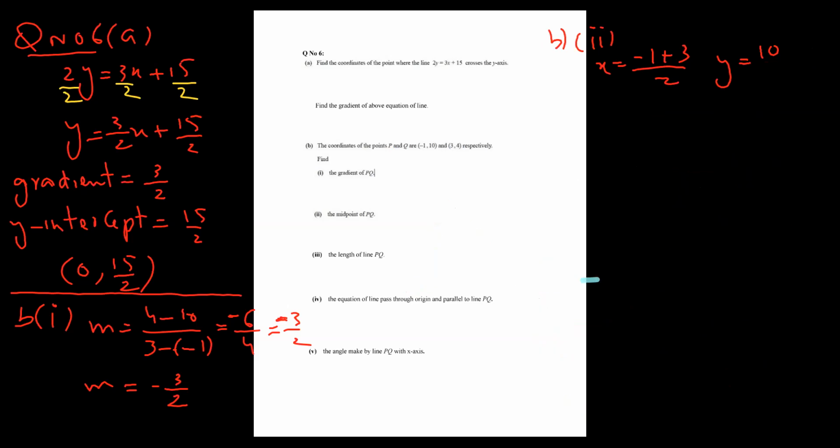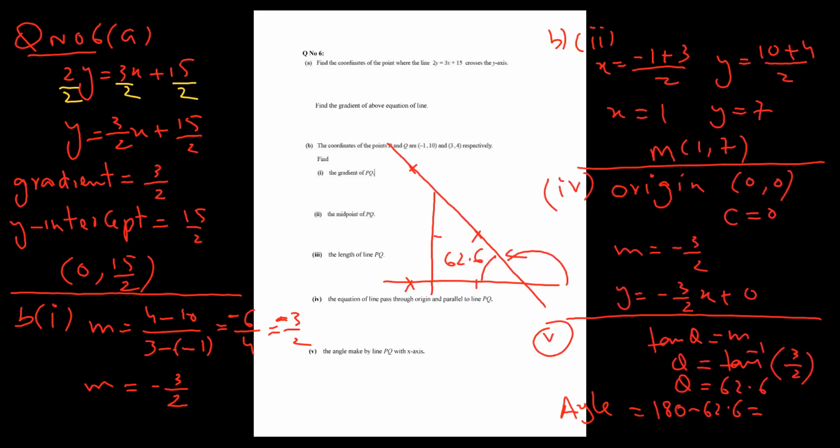I mean to say, start from here. So this is my answer. Got the idea? And the answer is 180 minus 62.6, which gives us 117.4. So our answer is confirmed. That's it, and we have finished question number 6.